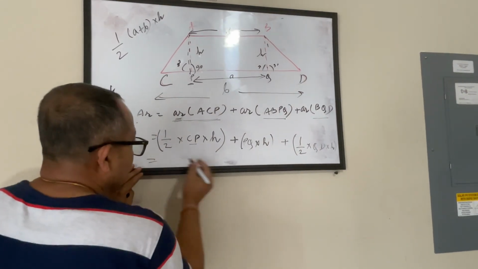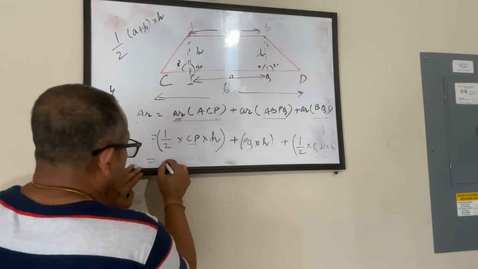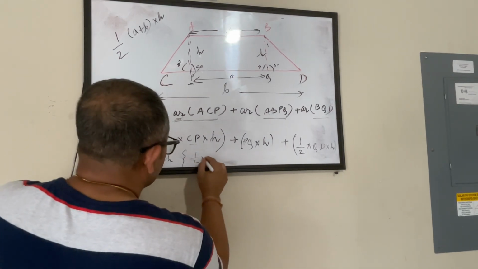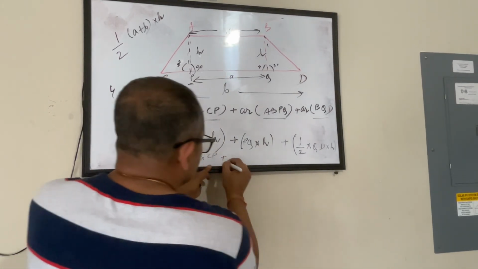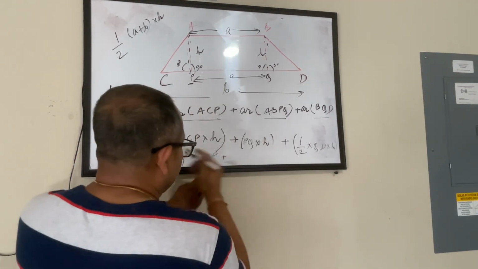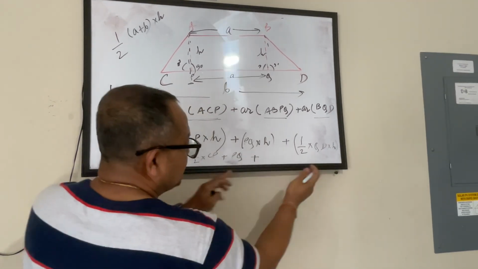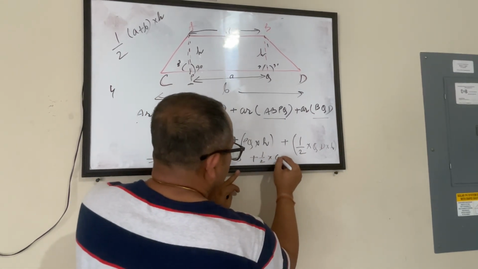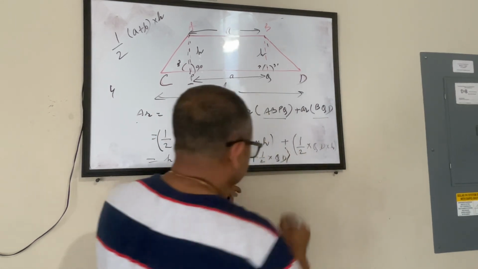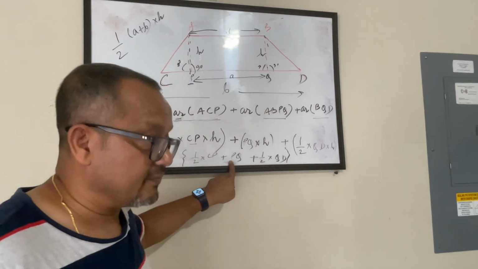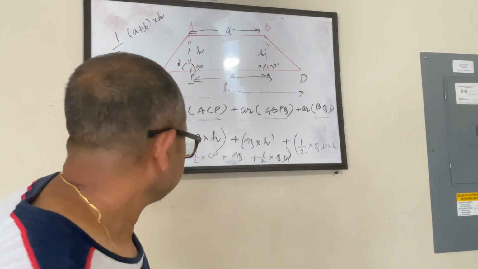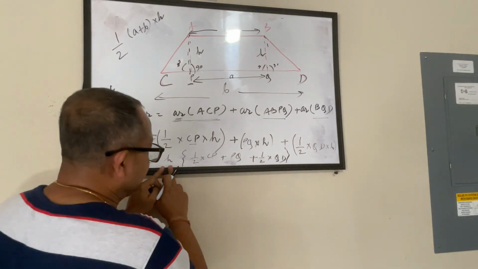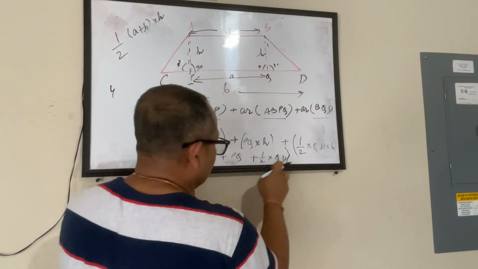So here, what it became was, I have H, I can take out H from this one. So this becomes half into CP plus PQ into H. H I have taken out, so this becomes PQ plus half into QD. Here I don't have a half, that's why I'm holding it for now. So my area became H outside and then something into something.